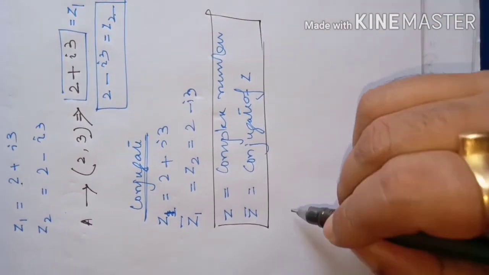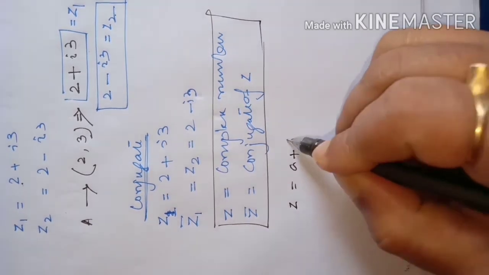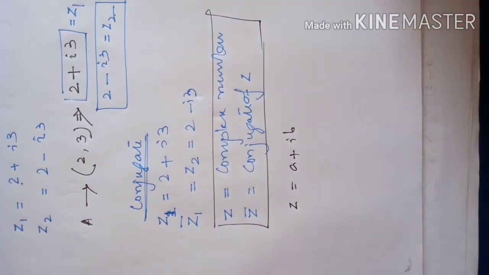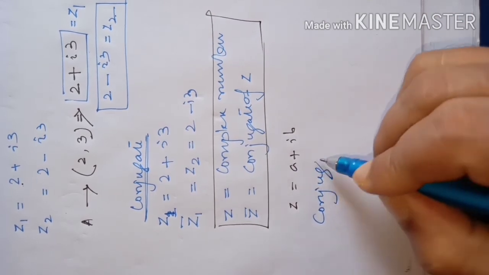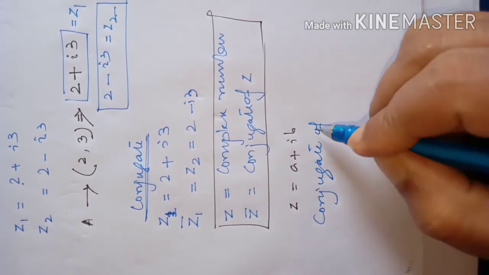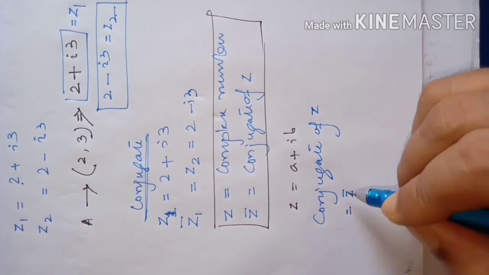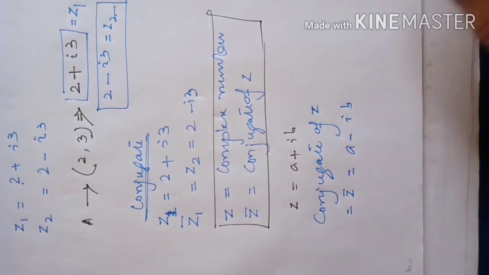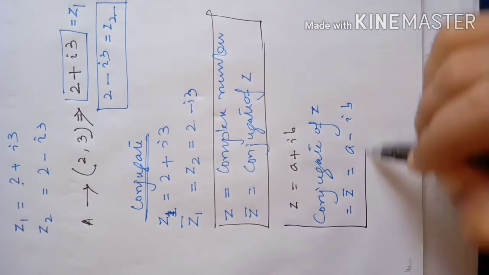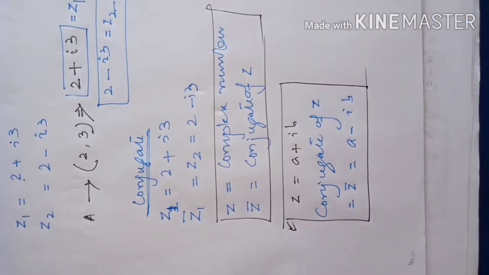Now suppose I have z as a plus iota b, then the conjugate of this complex number z is z bar, which is actually a minus iota b. Got the idea? A minus iota b. This is the conjugate of the complex number.